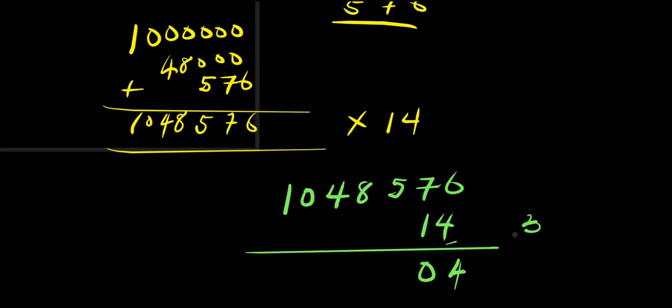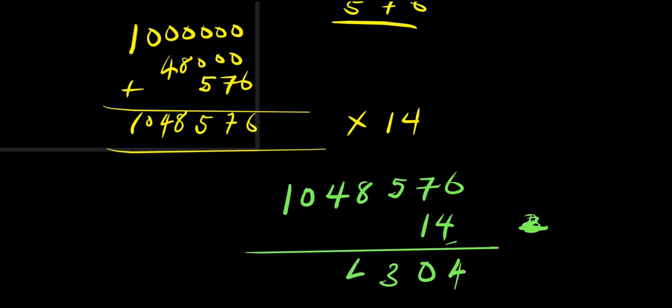Then we have 4 times 5, that is 20. 20 plus 3. That is 23. So we have 3 and carry over 2. Then we have 4 times 8. 4 times 8 is 32. 32 plus 2, that is 34.